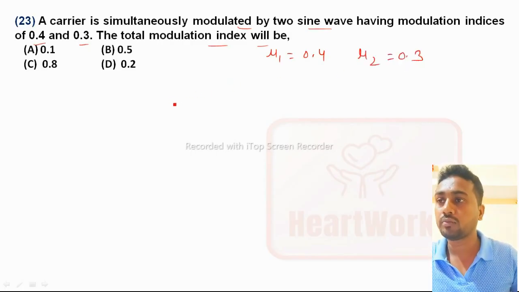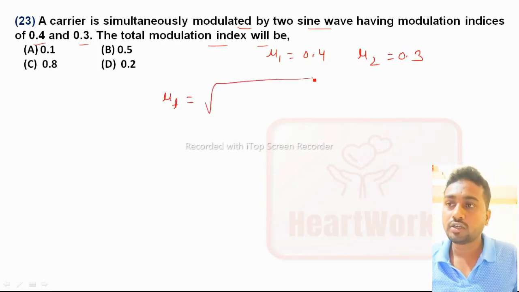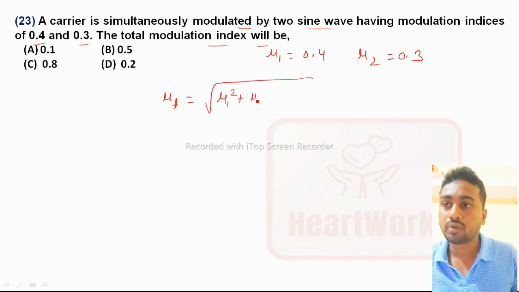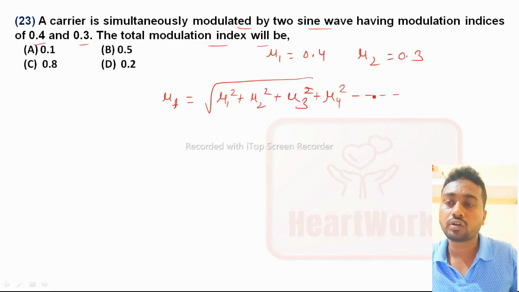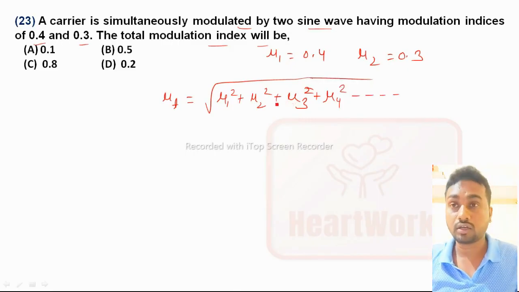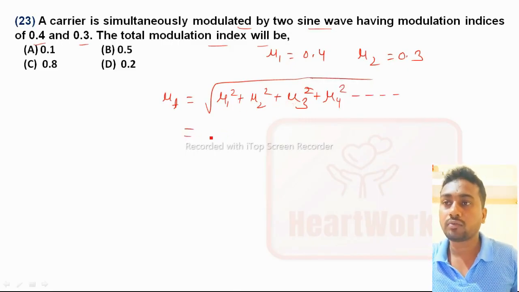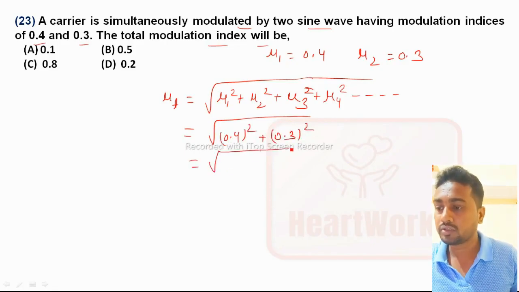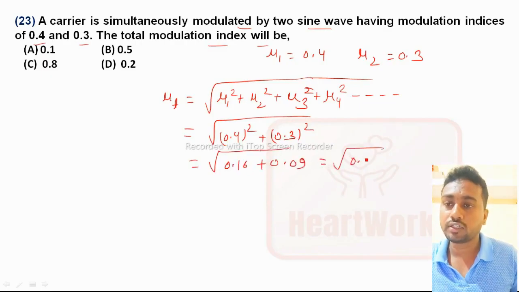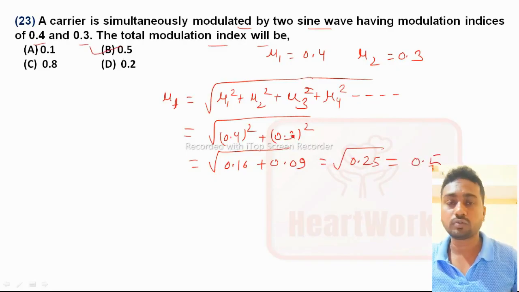Total modulation index mu t is the square root of mu1 squared plus mu2 squared, and so on for whatever indices are given. So root of 0.4 squared plus 0.3 squared, that is 0.16 plus 0.09, root under 0.25, which is 0.5. So option B, 0.5, is the answer.